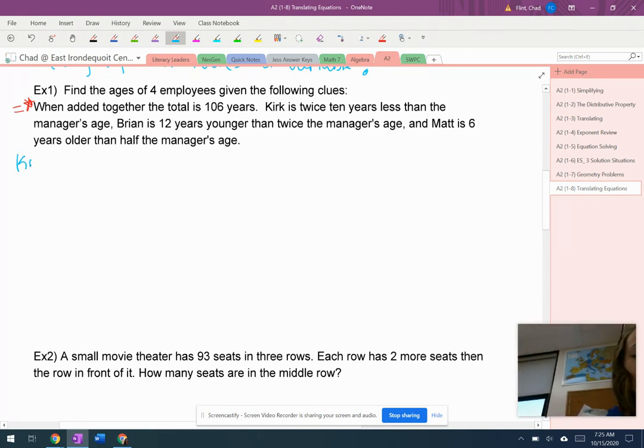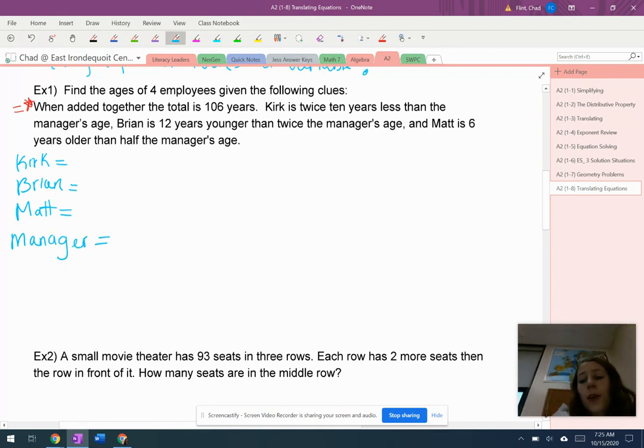So we have Kirk equals, Brian equals, Matt equals, and the manager equals. Okay. So find out which one of those people is just the X. Who do we have the least amount of information about?